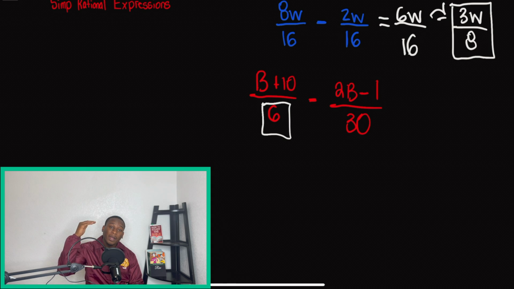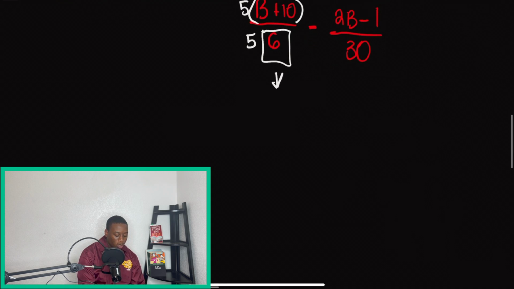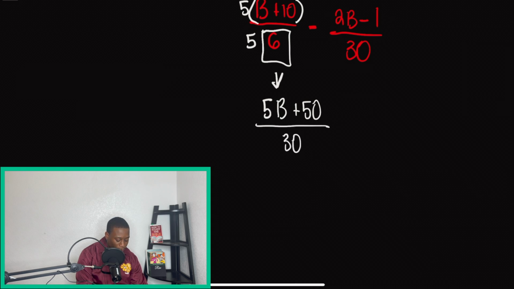And if I multiply the denominator by 5, that means I have to multiply the numerator by 5. So let's set this up, right? And matter of fact, we're just going to write it right here. So we're going to multiply both of these by 5. All right. And once we do that, our new fraction is going to be 5b plus 50 all over 30.